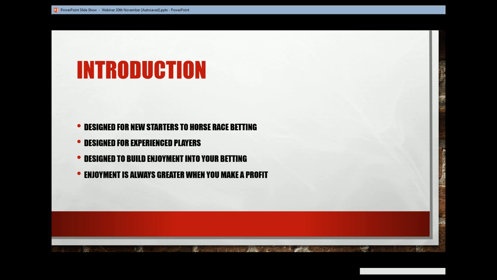We've designed it to build enjoyment into your betting. This is so important. We want to get up in the morning and look forward to opening up the kit, seeing what's there, planning out our day, not spending too long, but a little bit of interest on the side. Enjoyment is always greater, of course, when you make a profit, and that's the name of the game.